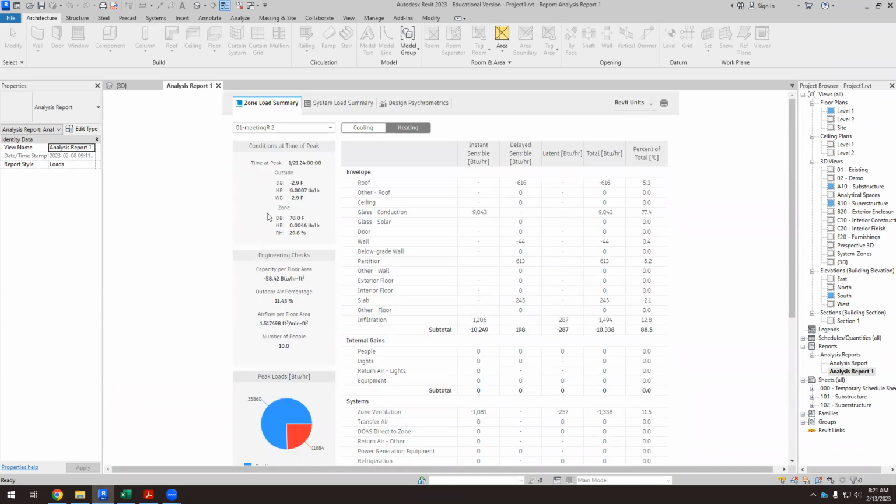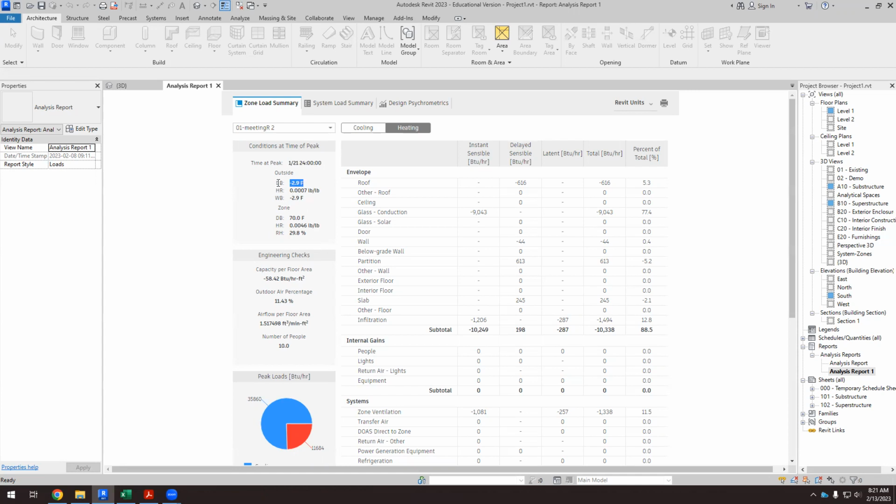Well, we have it here. Revit has selected January the 21st at midnight. It makes sense that the coldest day is probably January the 21st. And what is the coldest temperature that Revit has selected? It's negative 2.9 Fahrenheit.